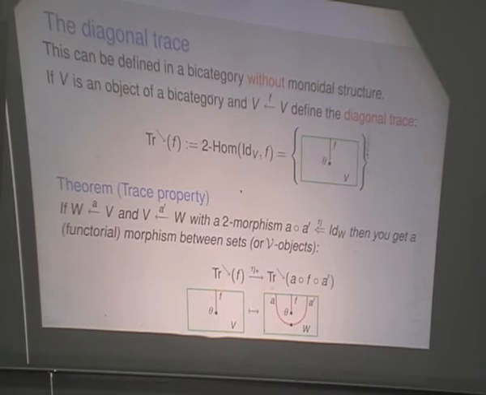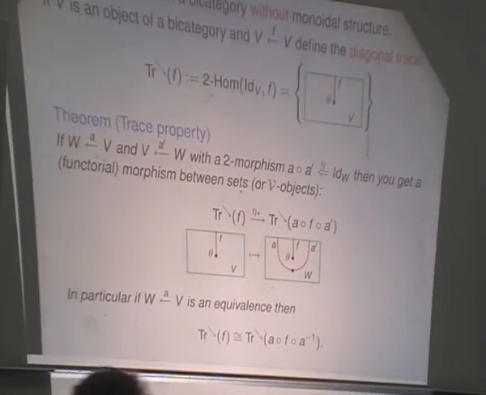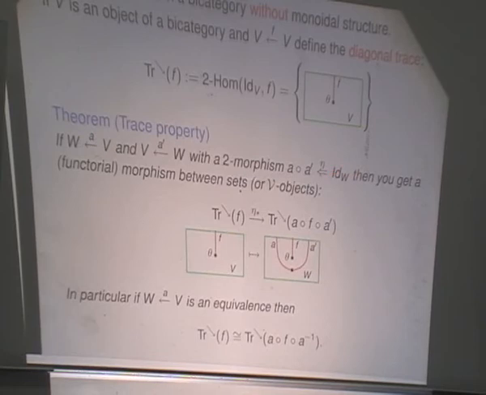In particular, let's state the trace property properly. If we have an equivalence between objects V and W, then A prime composed with A is going to be isomorphic to the identity.